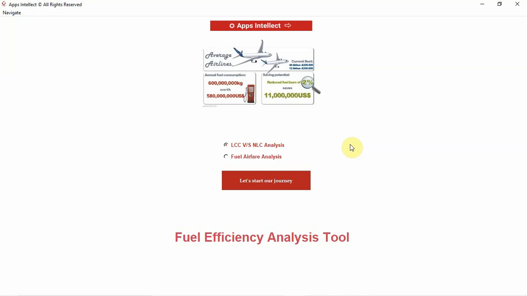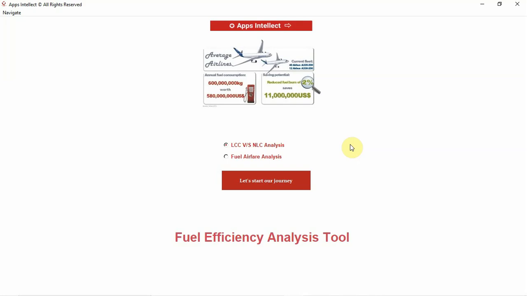Point to point, instead of connecting through a hub network, reduces the cost of handling connecting passengers and improves the productivity of both the aircraft and the crews. A single cabin class service reduces complexity and cost. Open seating means less time processing passengers. Reduced frills, with no food or beverage, increases the ASM, that is available seat miles, and reduces the passenger service cost.